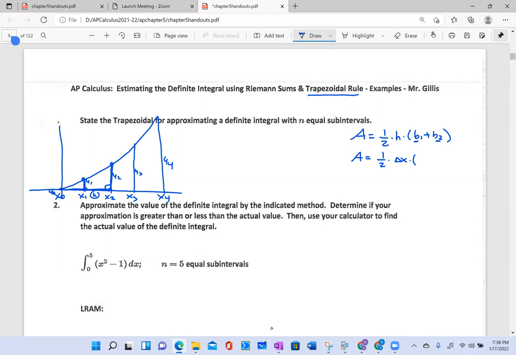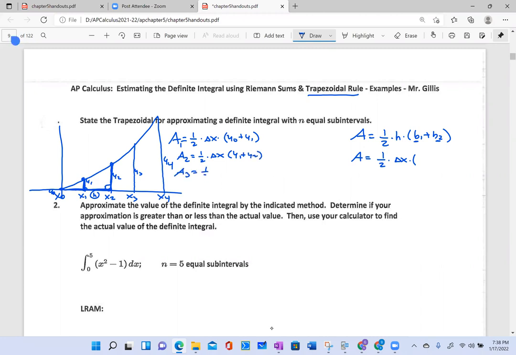And then I'll begin finding the area of each trapezoid. So the area is 1/2 times the height, which is delta x, times y sub 0 plus y sub 1. The area of the second trapezoid is 1/2 times delta x, times y sub 1 plus y sub 2.